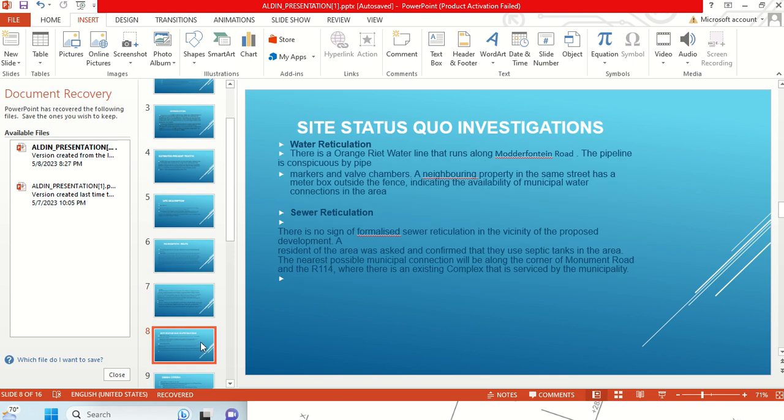Now we're going to look at the site status quo investigation, which will include the water reticulation and also the sewer reticulation. For water reticulation, we've noticed that there's an orange water line that runs along the Motor Fountain Road, and the pipeline is indicated by pipe markers and valve chambers displayed alongside the road.